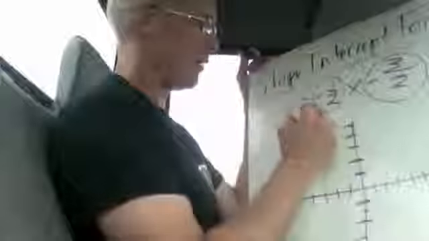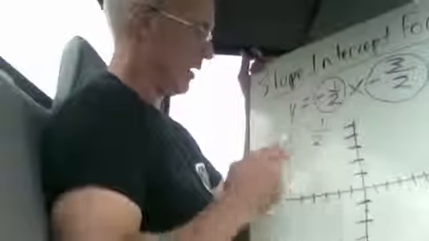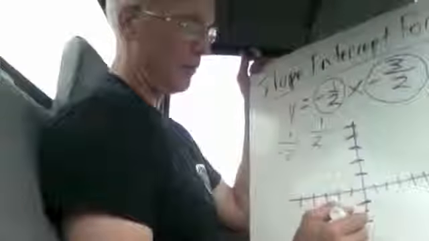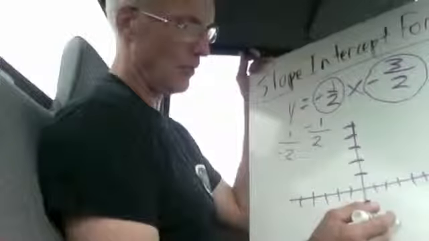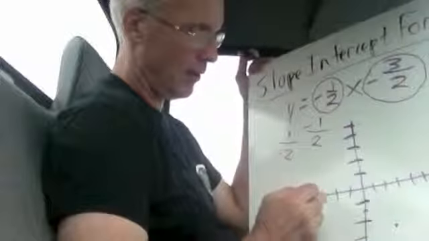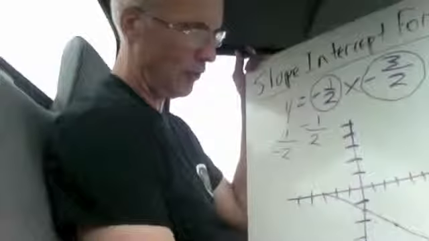From that dot, I am going to go at a slope of -1/2, which, remember, could be -1 over +2, or it could be +1 over -2, or any equivalent fraction. Could be 2 over -4 or whatever. So start here, and let me do the top one. I'm going to go down 1 and to the right 2. Put a dot there, and then I'm going to try as best I can to draw a line through those two.